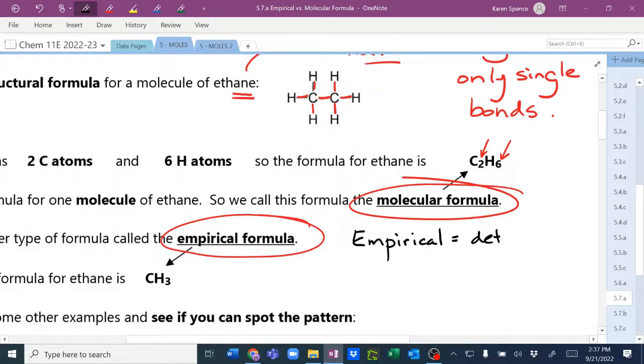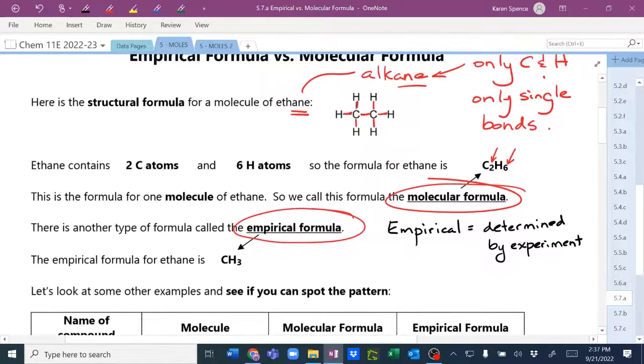You've actually physically done it in real life. So we have the empirical formula, which implies that it should be able to be determined by experiment. And its empirical formula is CH3.